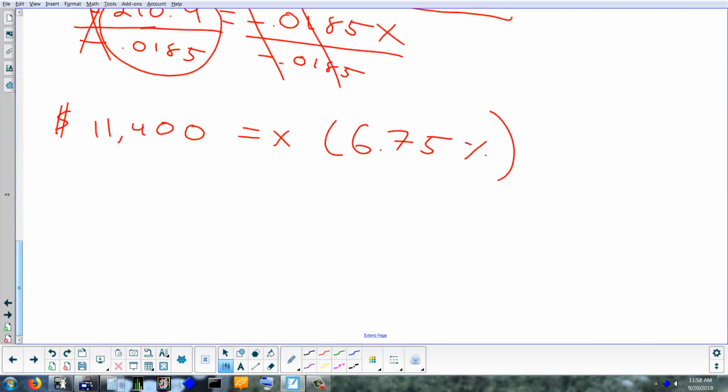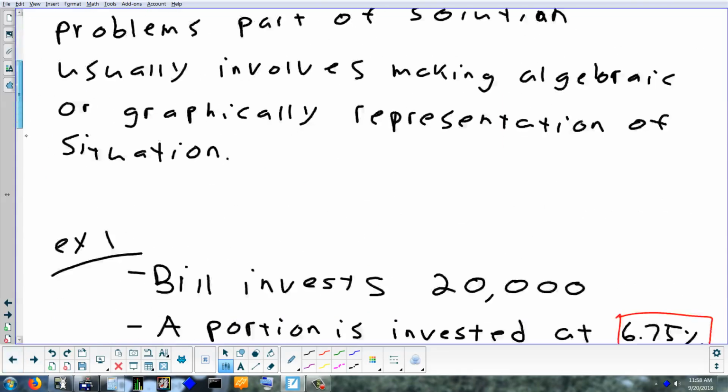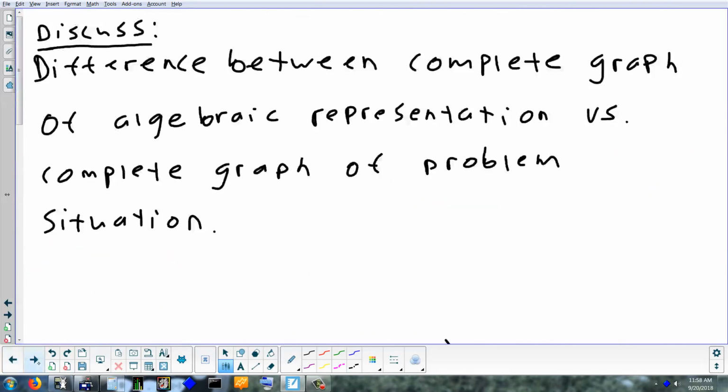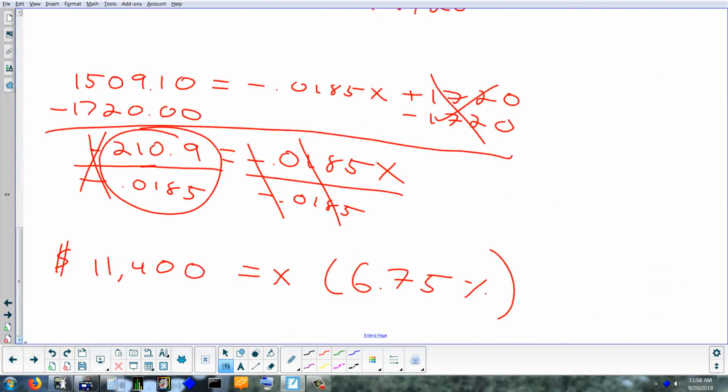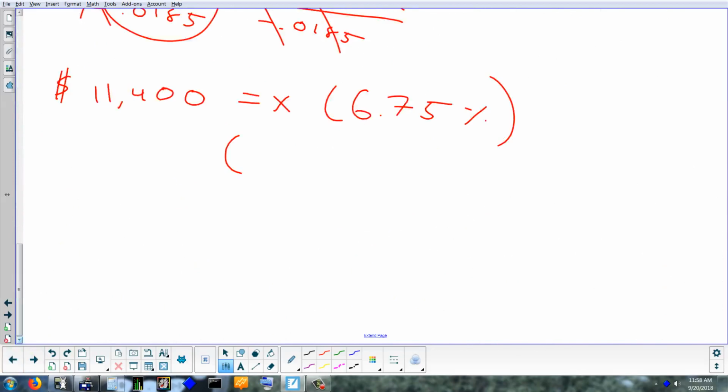How would I figure out what the other percent was, 8.6? How would we figure out how much money he invested at 8.6? Yeah, if he had a total of 20,000 and he put 11,400 in the first investment, what does that leave me with for the second investment? 8,600? Is that right?